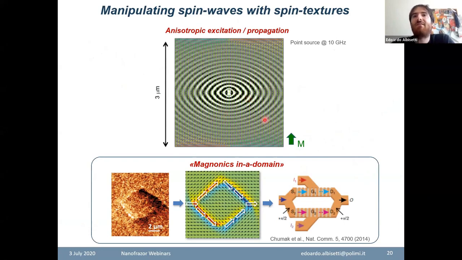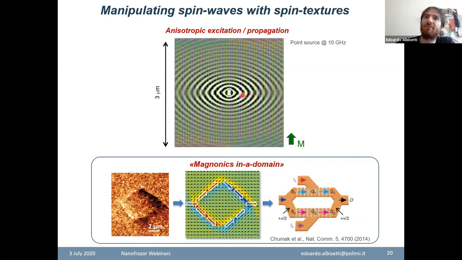If you have this sea of spins all aligned in one direction and you throw a stone into the lake, then you have ripples that propagate from the point of excitation to the shore. But depending on the direction that you consider with respect to the magnetization, so this direction or this direction, the wavelength is completely different. And not only the wavelength, but the whole dispersion of spin waves is really different. Which means that if you can control point by point the direction of the magnetization, you can also control the properties of the spin waves that are propagating.